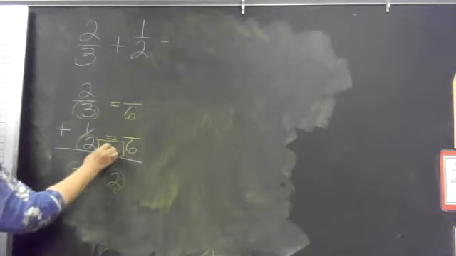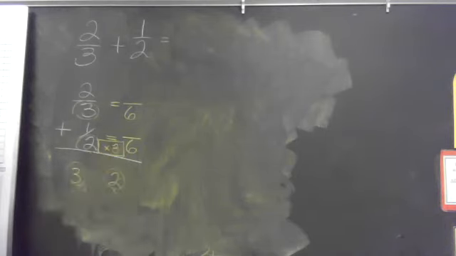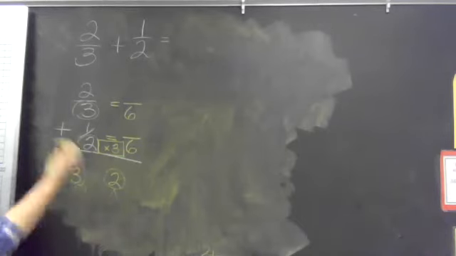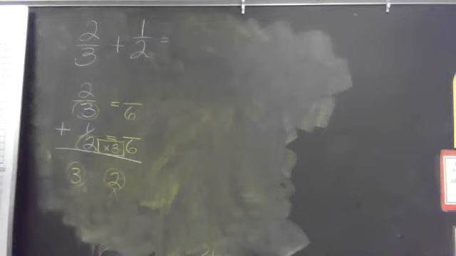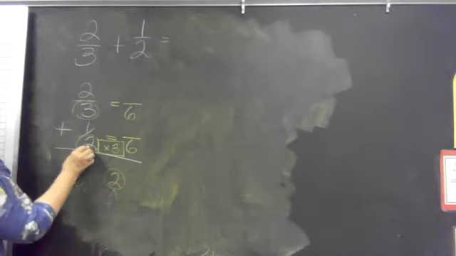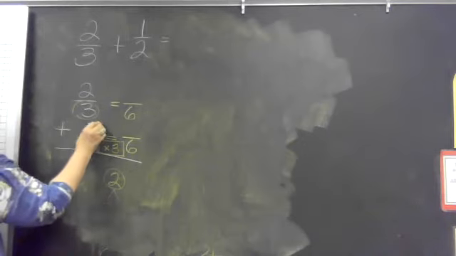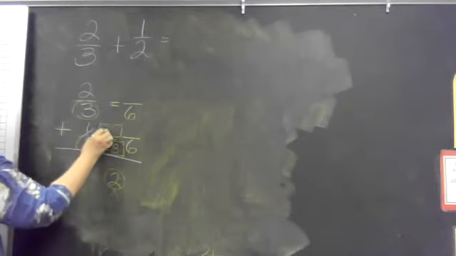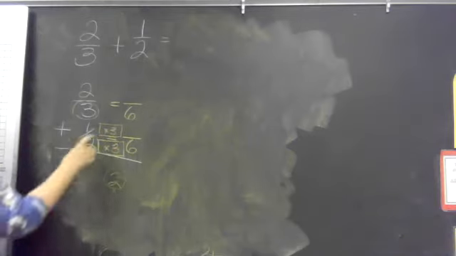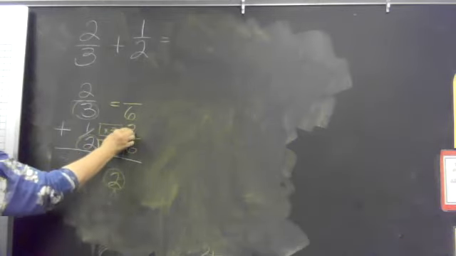I multiplied by 3. And what we're going to find out in math, all of our math from now on, is if you do something to a problem, you have to balance it out somewhere. And so whatever you do to the bottom of a fraction has to be done exactly the same on top. So we have times 3 again. So the top of this is going to become 3.